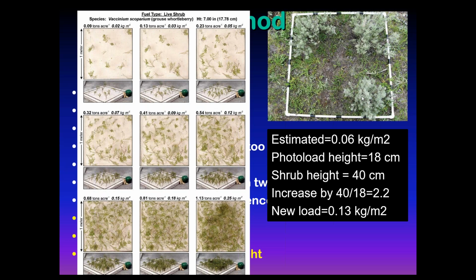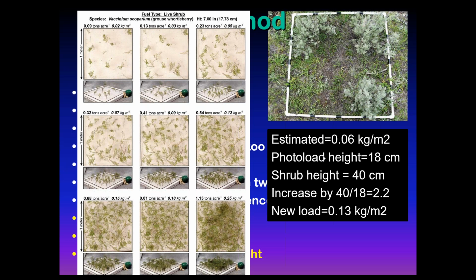So you take the ratio of 40 by 18, which is 2.2, and in Photoload, what I often do is round up and say 40 divided by 20 is 2, and we just multiply 0.06 by 2, or 2.2 in this case, to get 0.13. So we estimate off the photos, adjust for height, and what is the true loading?